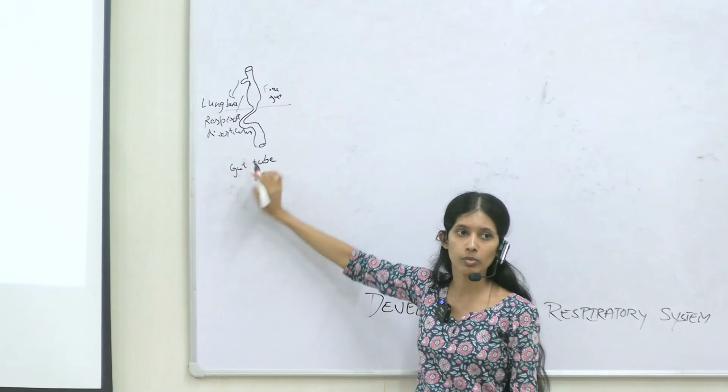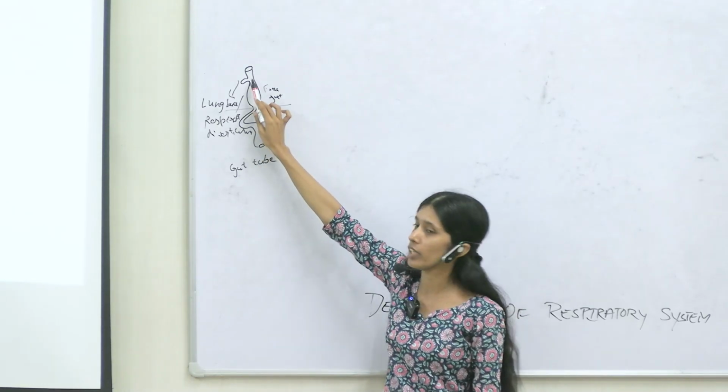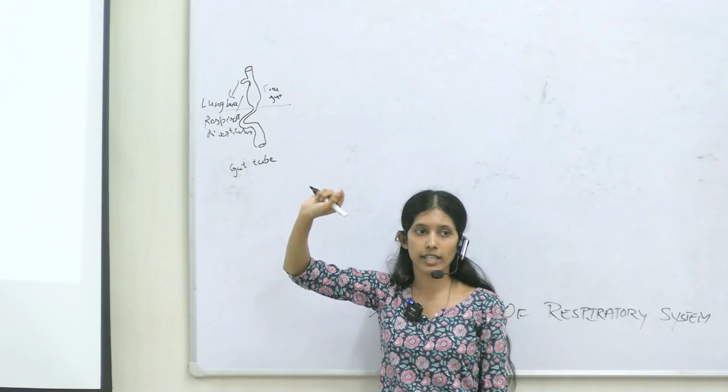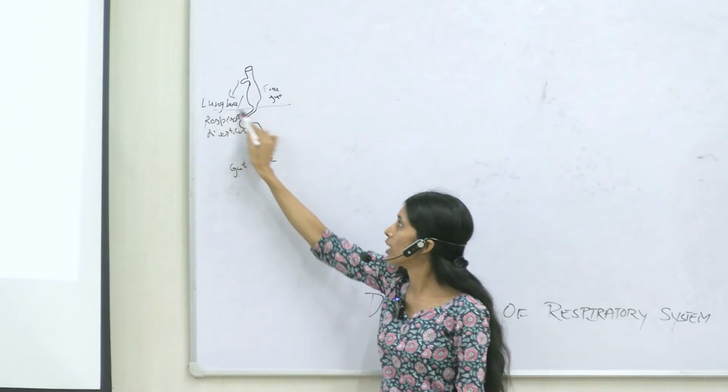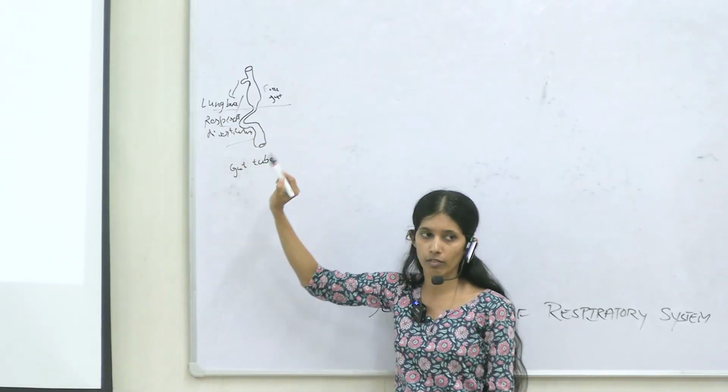This is your gut tube. In the foregut region, we have a small bud-like structure which we call a lung bud or respiratory diverticulum.